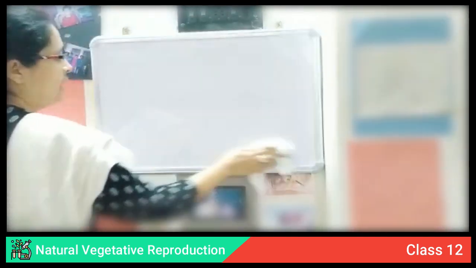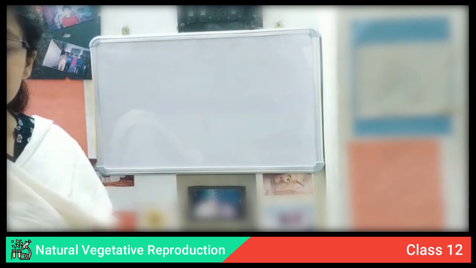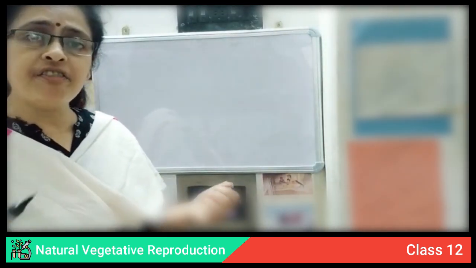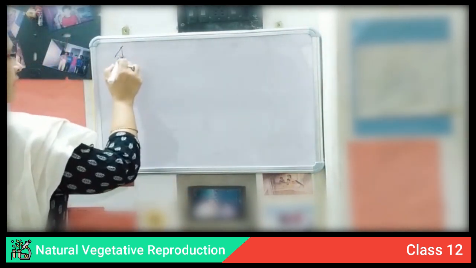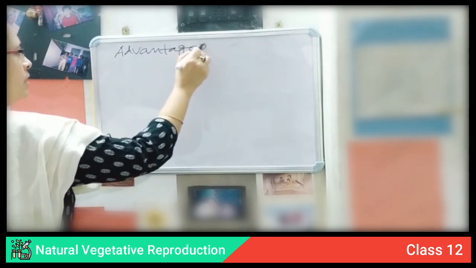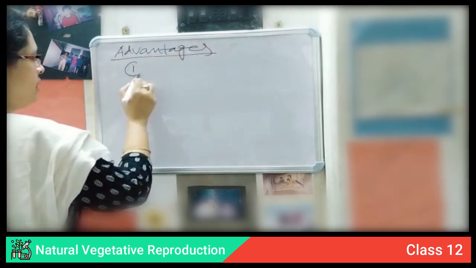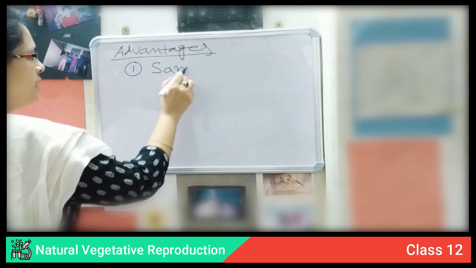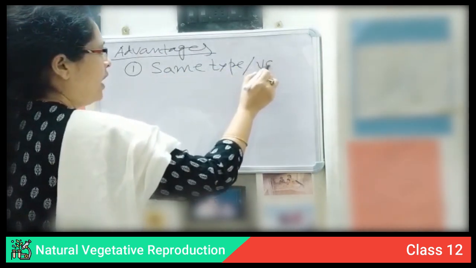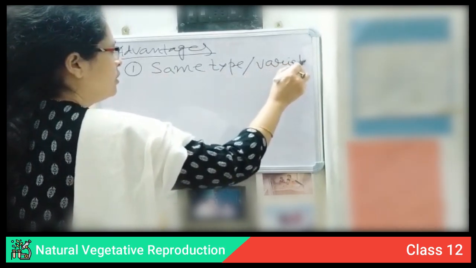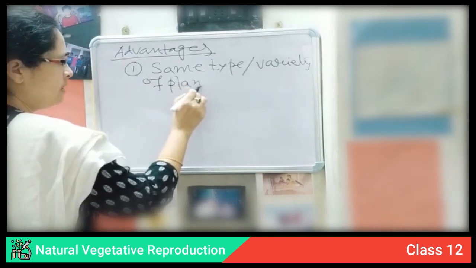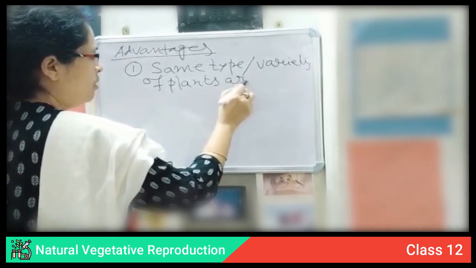Before discussing the types of vegetative reproduction, I'd like to explain the advantages. What are the advantages? Advantage number 1: the same type or variety of plants are produced.